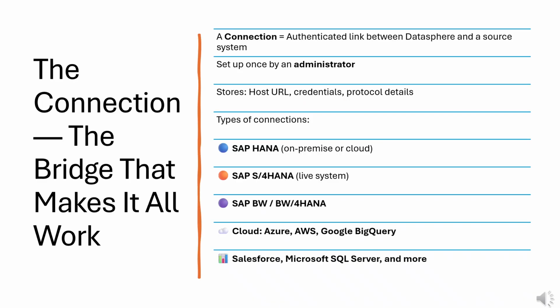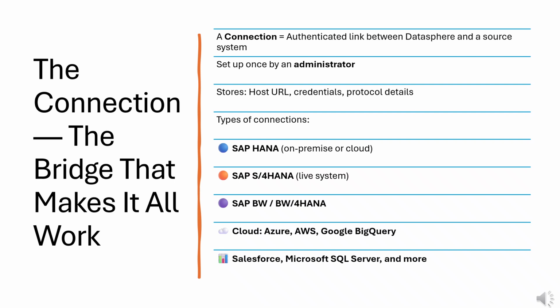Before you create a remote table, you need a connection, and interviewers definitely ask about this. Think of a connection like registering a new contact on your phone. You do it once, enter the name, number, details, everything, and from that point on, you can call that person anytime without re-entering everything. A connection in Datasphere stores all the credentials and technical details needed to talk to a remote system.